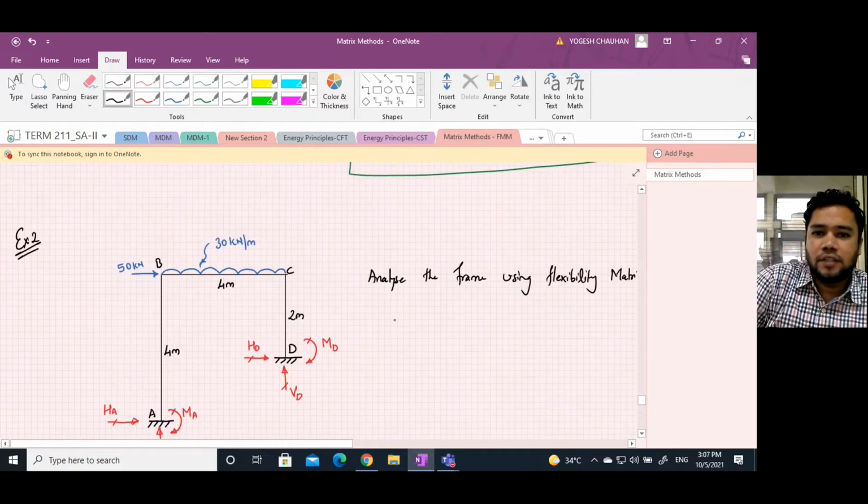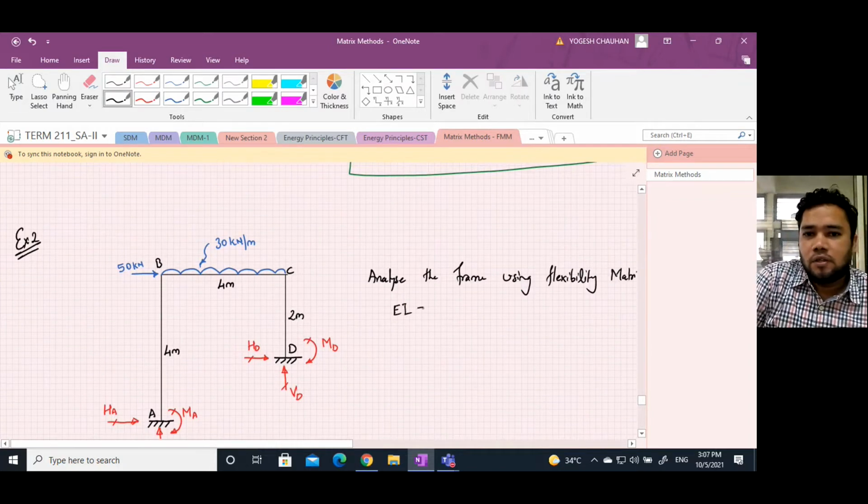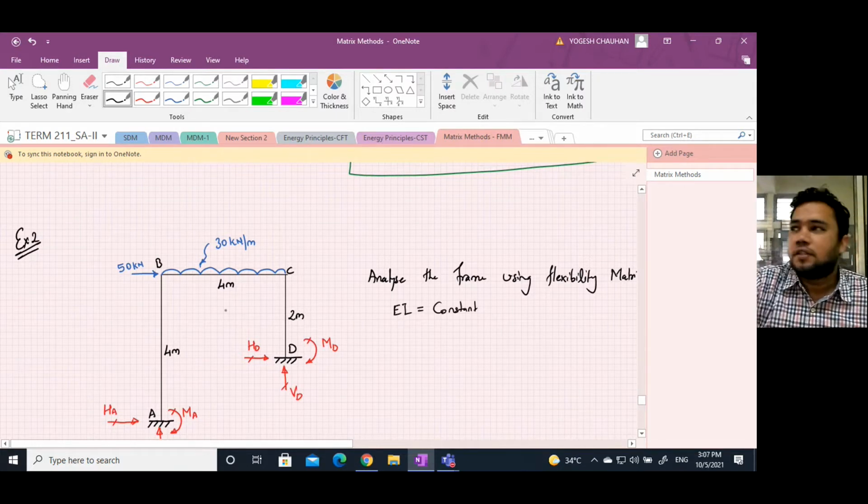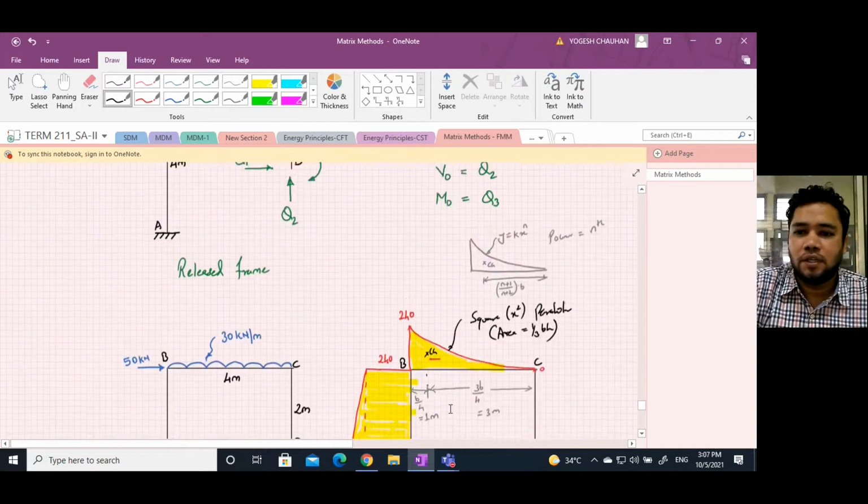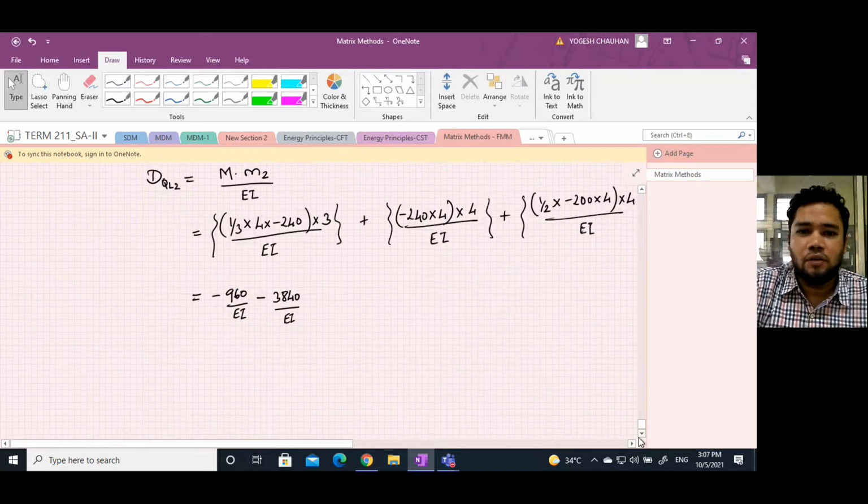So we are taking it as EI only. Suppose any of the members has a different EI, then you have to take the corresponding EI value in these segments. Suppose member AB is having 2 EI, then you have to take here 2 EI. BC is having 1.5 EI, then you have to take here 1.5 EI.